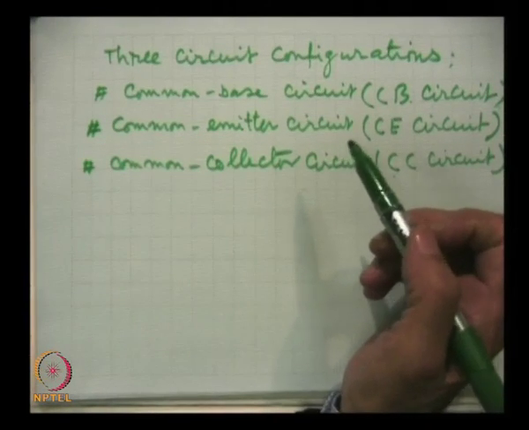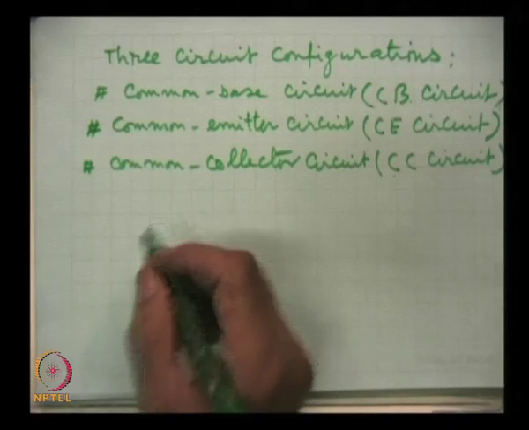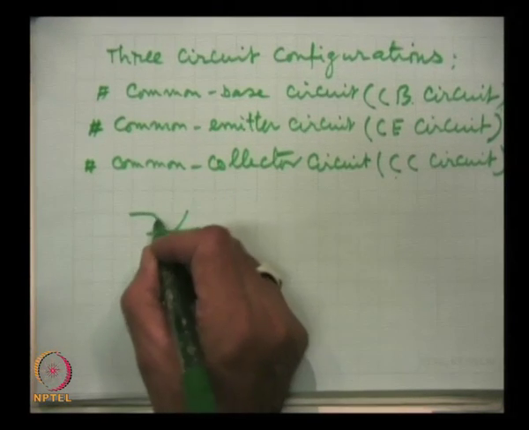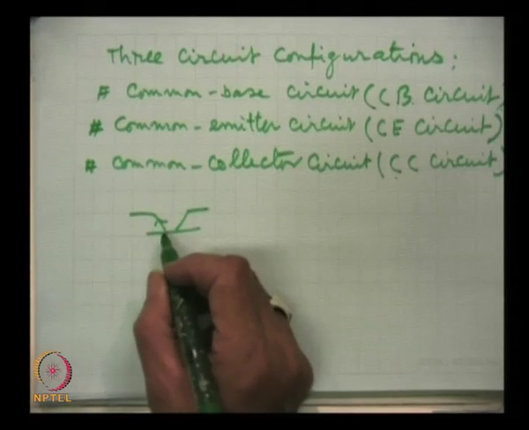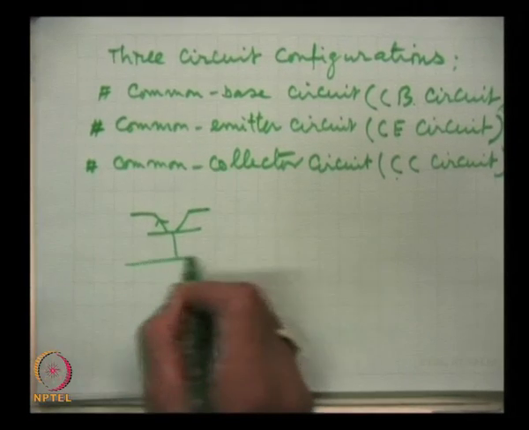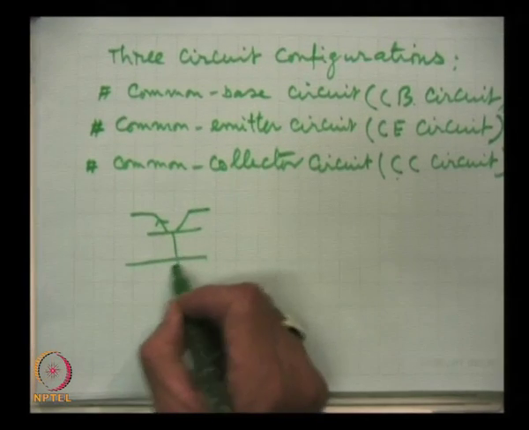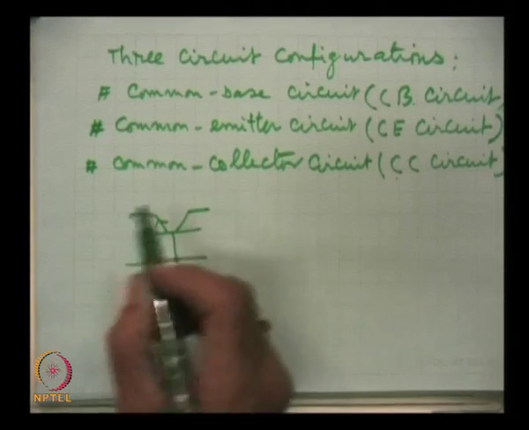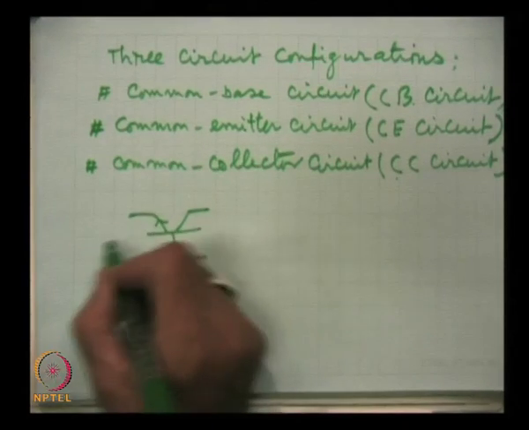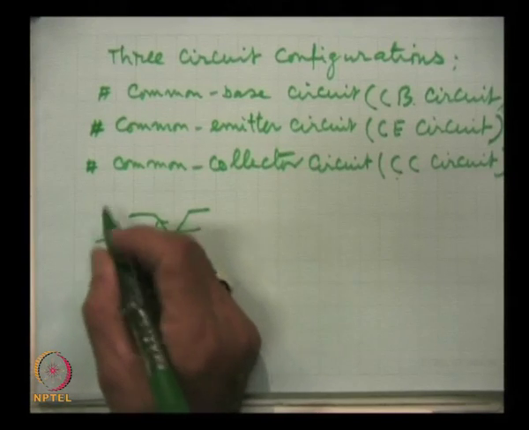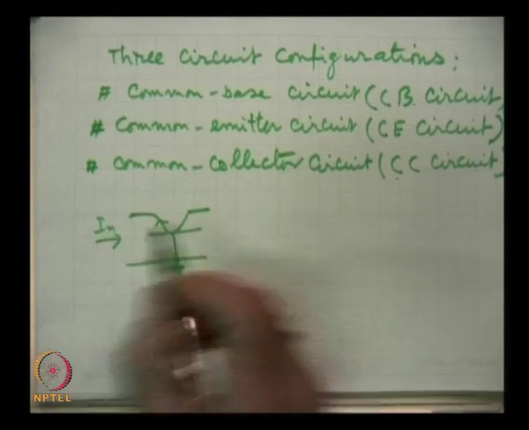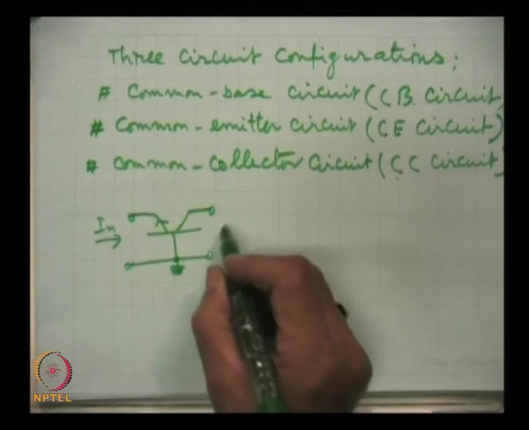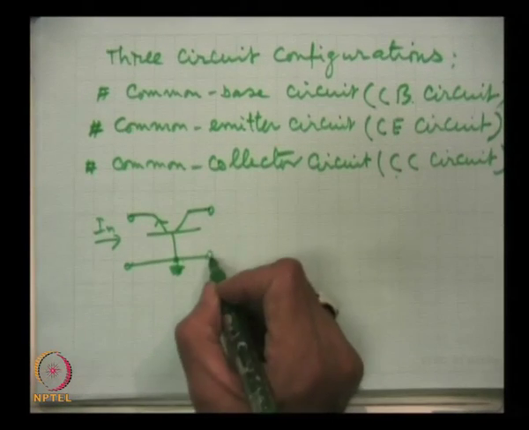The three configurations are these. So far what we were discussing was actually the CB configuration. This is ground, the input is given here, and the output is taken from the collector, between collector and ground.